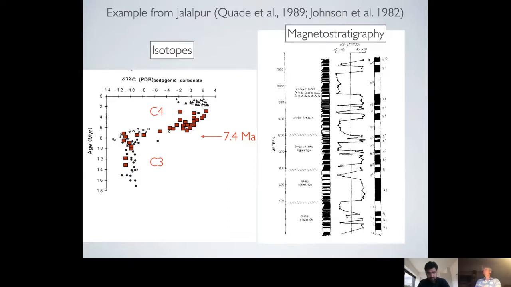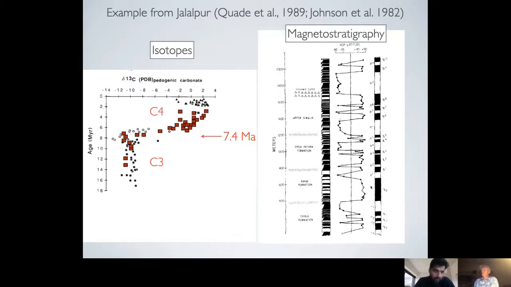So this is the latitude of the virtual geomagnetic pole. If it's over here in positive territory, these are normal sites. And if it's over here, these are reverse sites. And there were some tuffs, volcanic tuffs that were dated. And these are the formation boundaries.